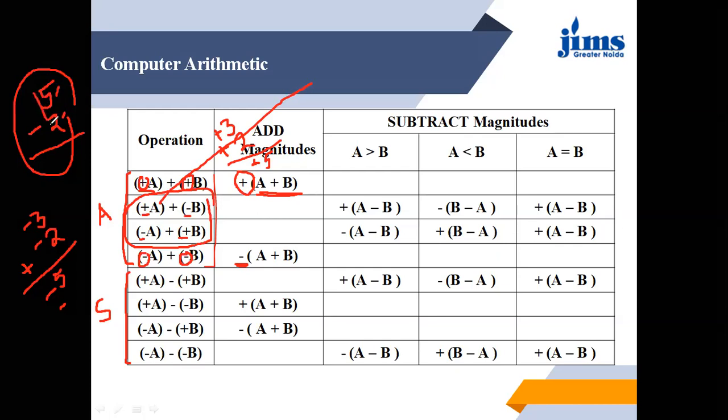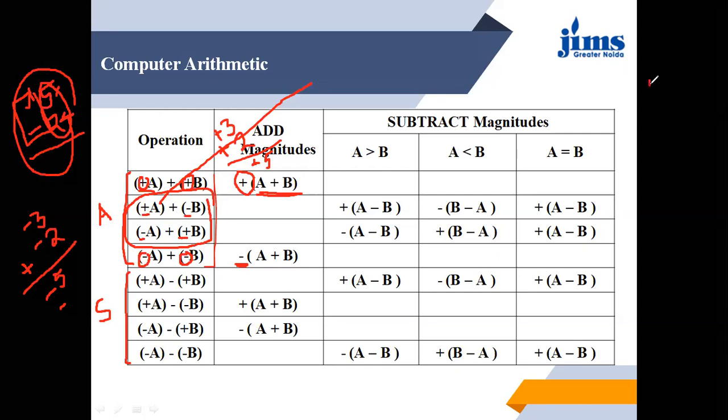One is positive and one is negative, so the signs are different. Now we compare the magnitudes and subtract the smaller number from the larger.